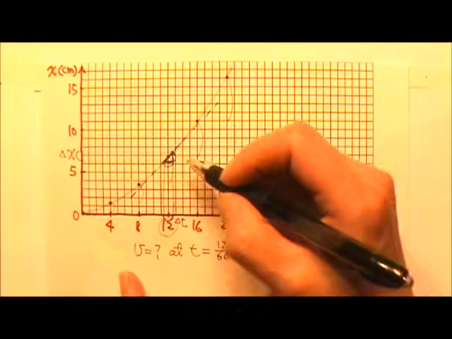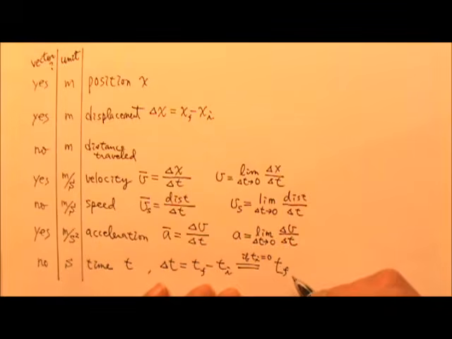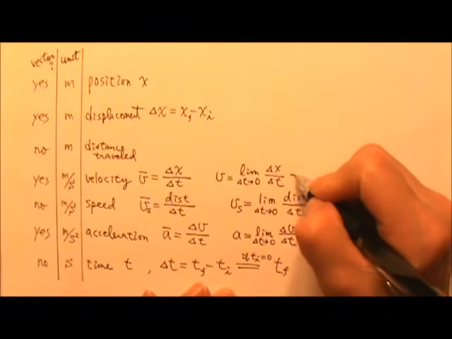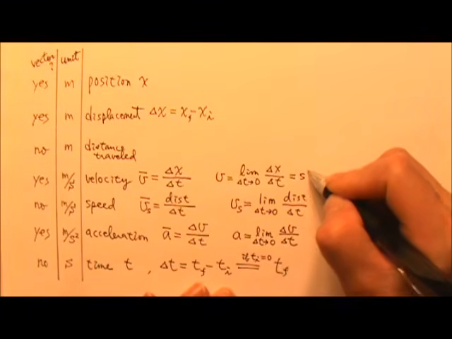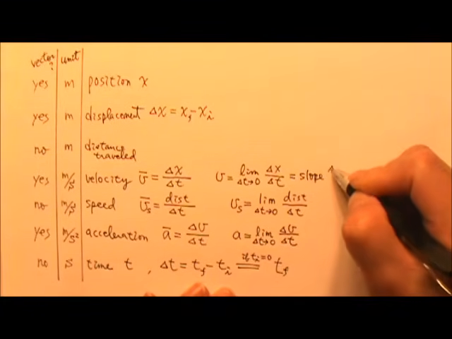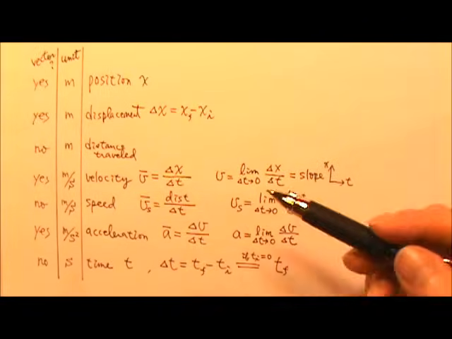Instantaneous velocity would be the slope of this graph. So we can write it over here. The instantaneous velocity is the slope of the position versus time graph.